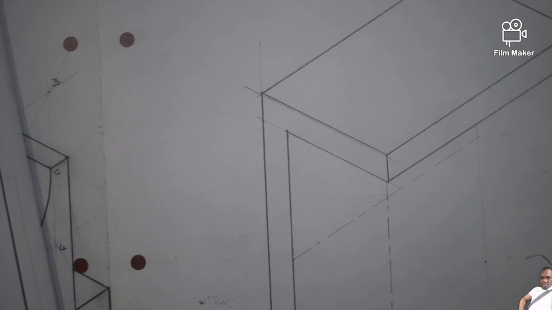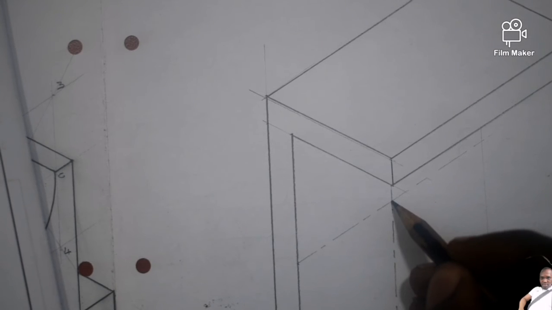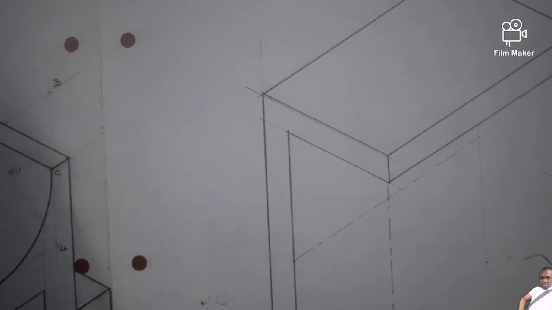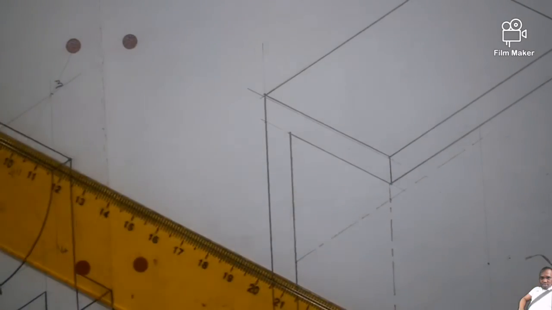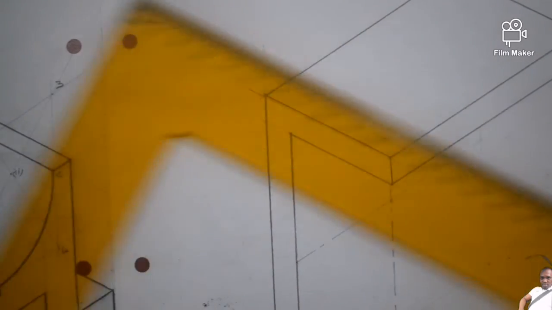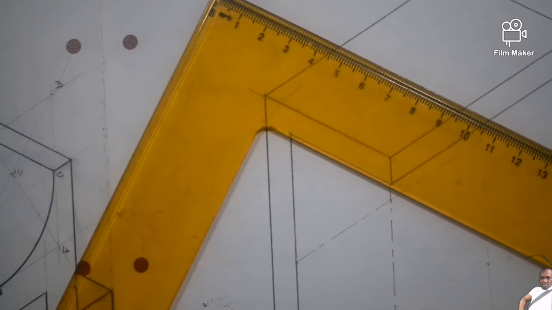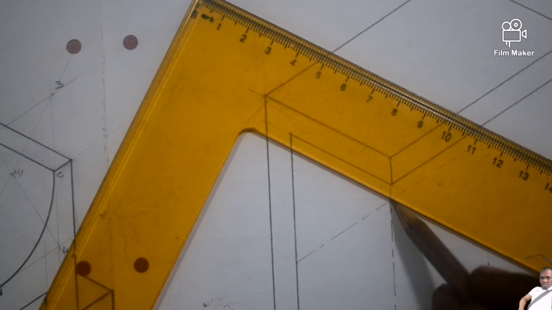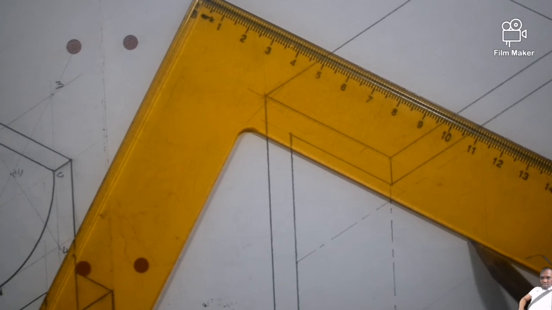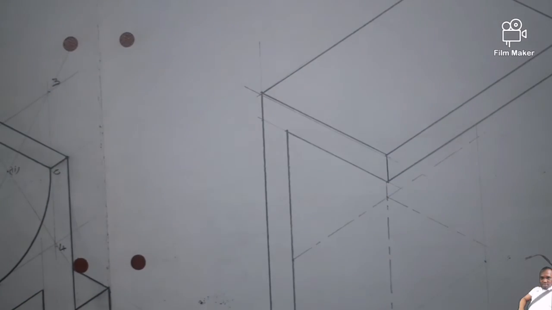So how are you going to get that? So right from this point of yours, you are going to get this line. This line from that center, where these two centers are crossing each other, get this line of yours.